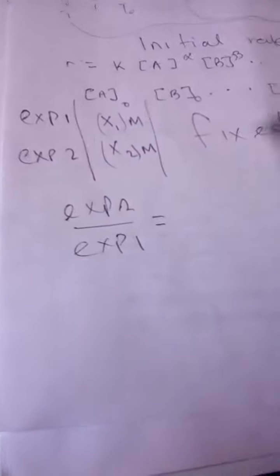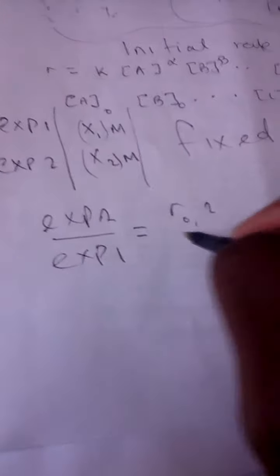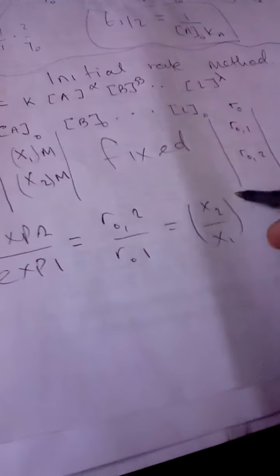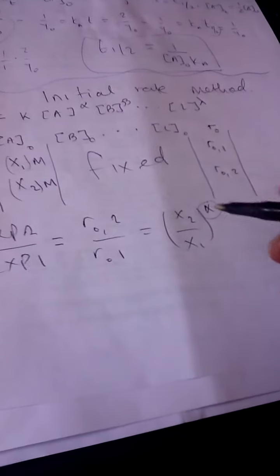The ratio of experiment 2 over experiment 1 gives R02 over R01 equals (X2 over X1)^alpha. From here, we can find alpha depending on what X1 and X2 are. That's the initial rate method.